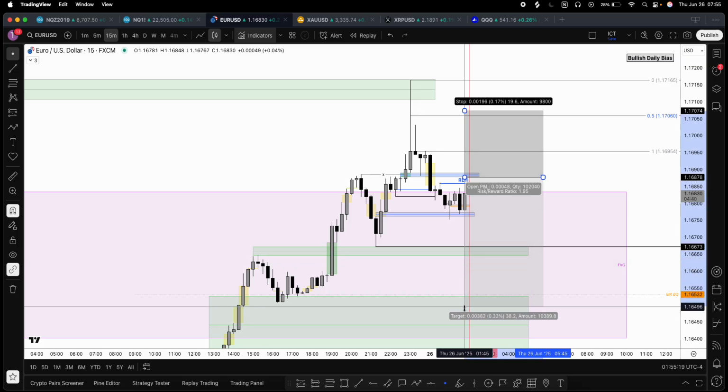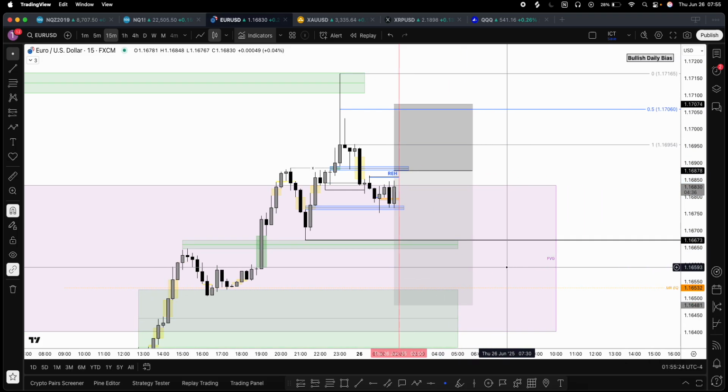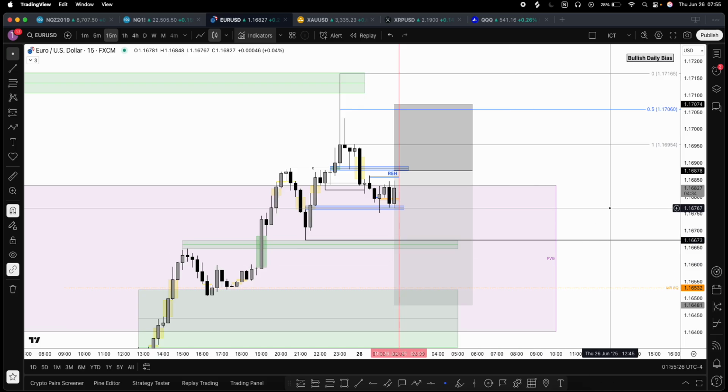It's an option. The only thing is it's a very large, far target, so it requires us to be more correct, which is harder and lower probability.